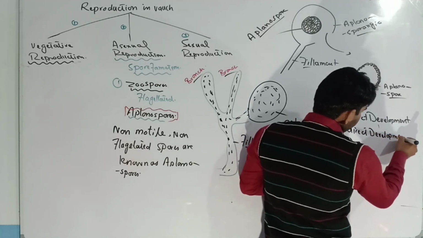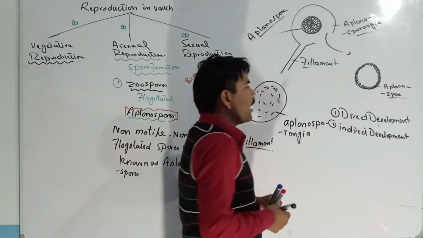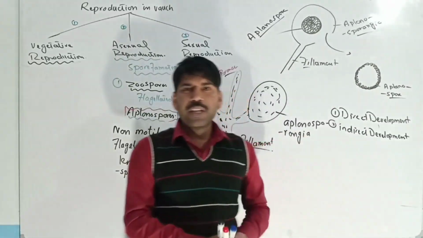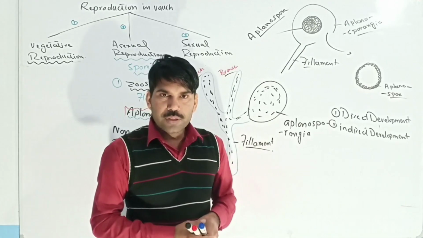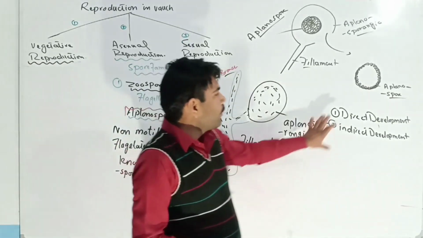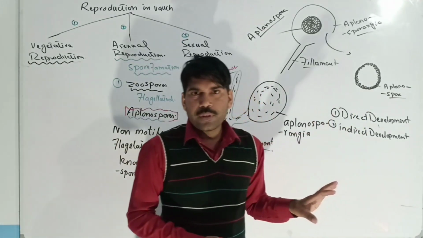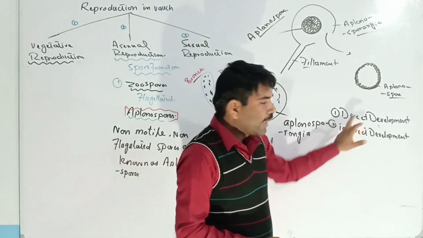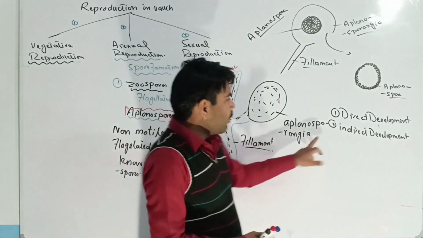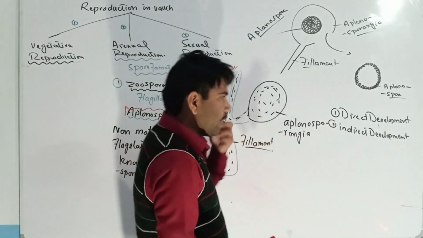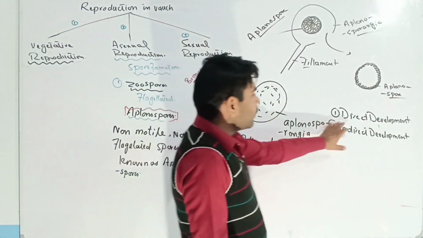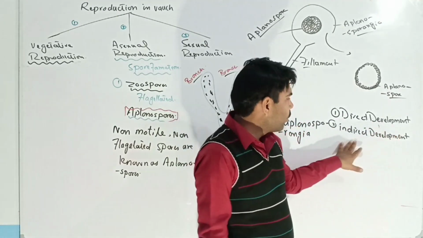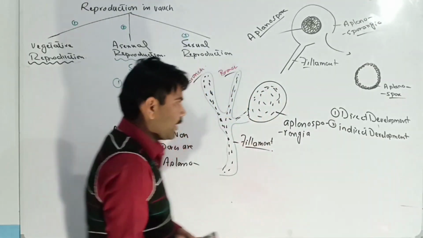It means this aplanospore can germinate into a new plant body or a filamentous body of a Vaucheria with the help of two types of development. The number one is direct development and number two is indirect development. Now we are going to differentiate how the direct development will occur and how the indirect development will occur.